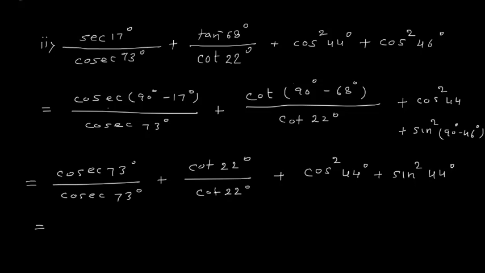Now cosec 73 upon cosec 73 is 1, cot 22 upon cot 22 is 1, and cos square theta plus sin square theta, that is cos square 44 plus sin square 44, is 1. So this is 1 plus 1 plus 1, which is 3. 3 is the answer.